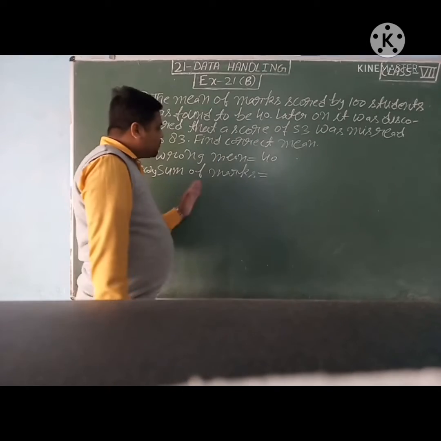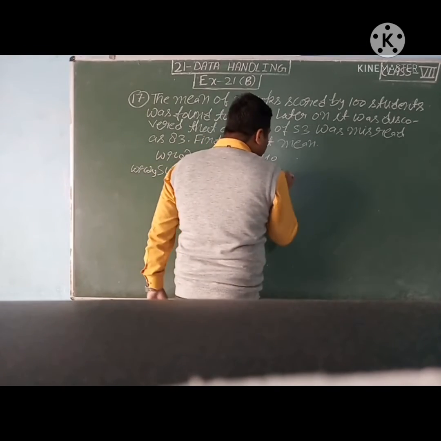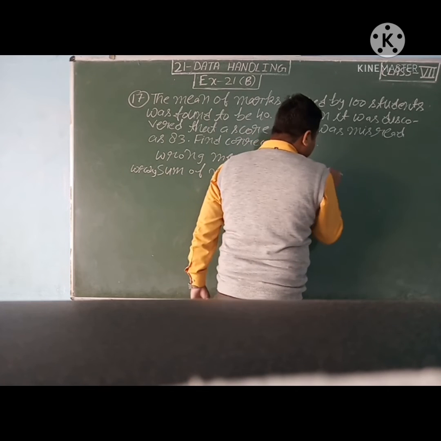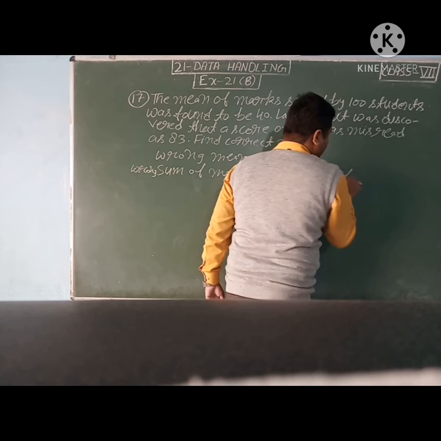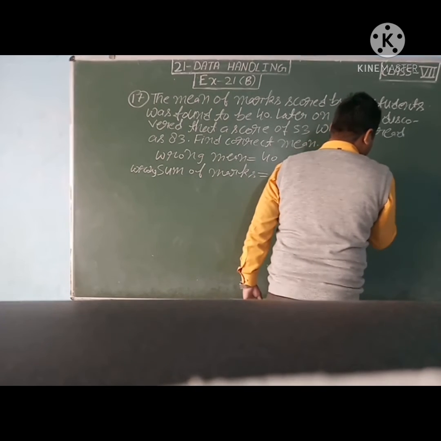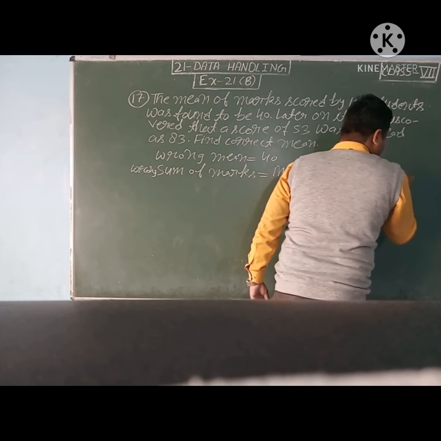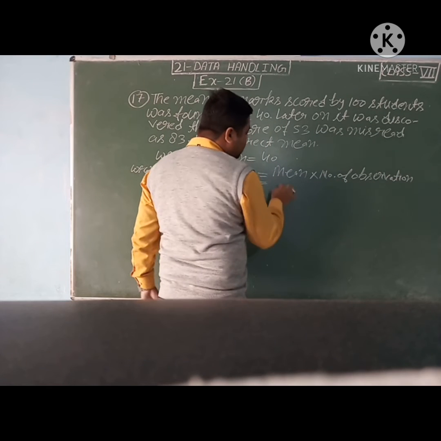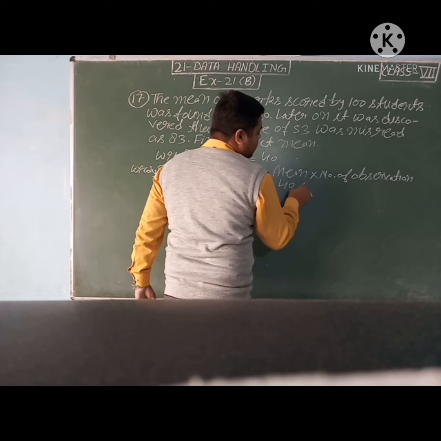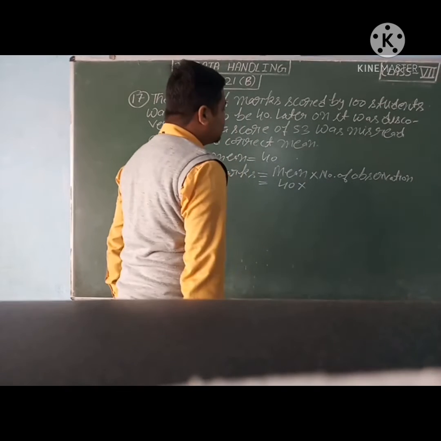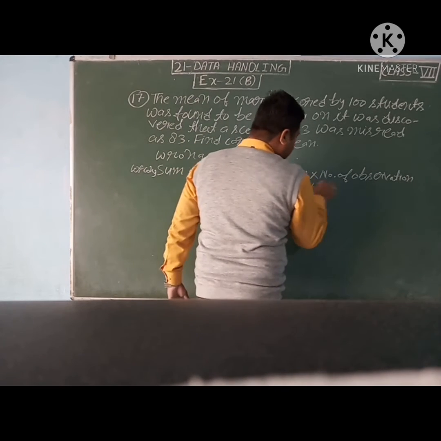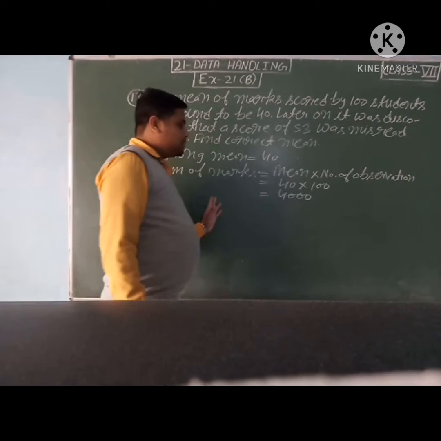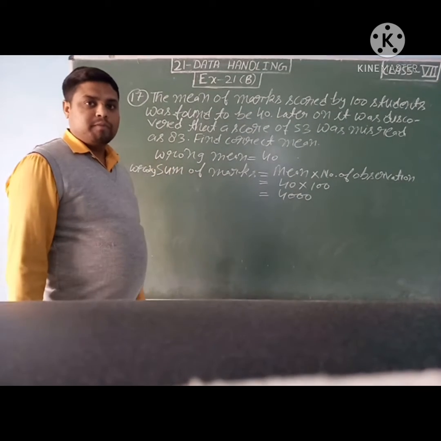So wrong mean 40 multiply number of observations 100, is equal to 4000. So it is coming, the wrong sum.